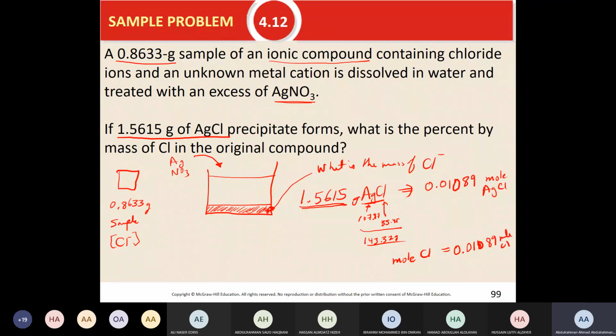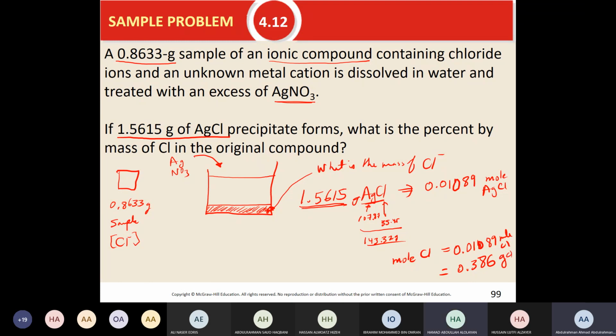What's the mass? 0.386. Who else got the same answer? Okay, good. So this is the mass, gram Cl.